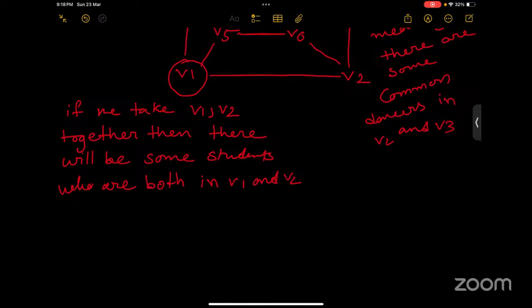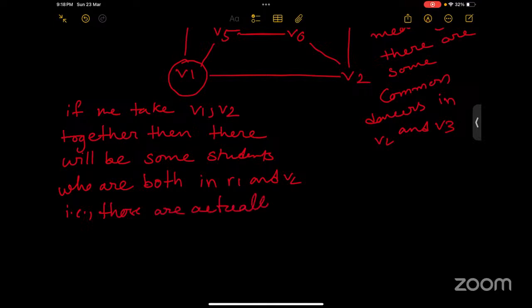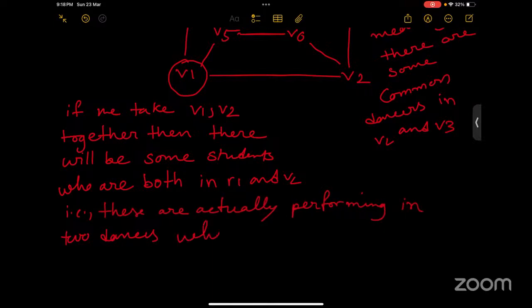So if I take V1 and V2, that means there are some students performing in two dances, which is not possible according to our conditions, right? Correct? That means what do we need to do?